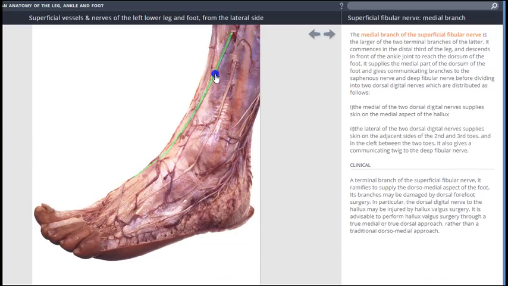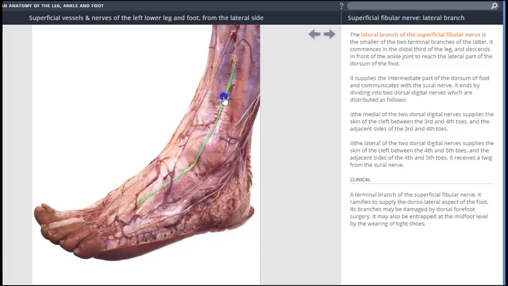Here are the branches of the superficial fibular nerve, here and here. These cutaneous branches supply the dorsum of the foot except the cleft between the big toe and the second toe. This area is supplied by the deep fibular nerve.